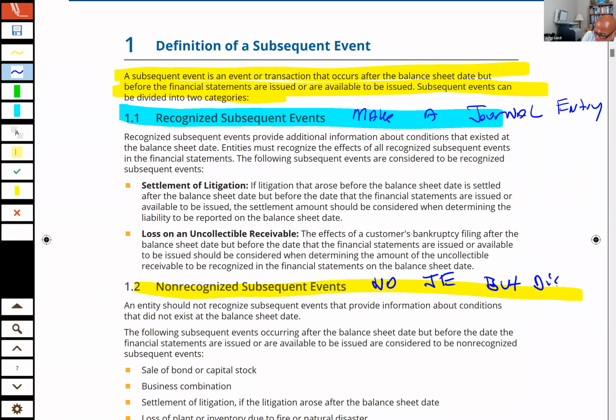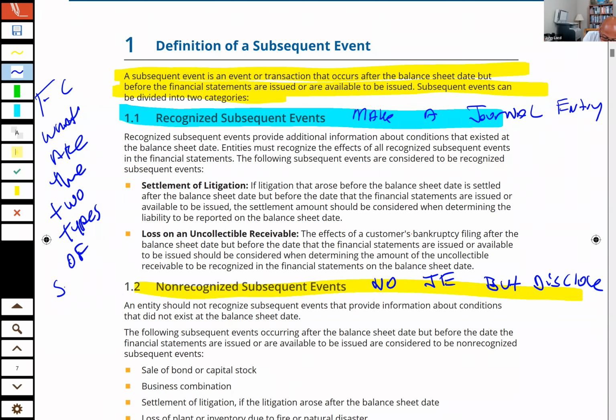But disclose. Okay. And you can do a flashcard over here. What are the 2 types of subsequent events? Okay, and the 2 types are what?